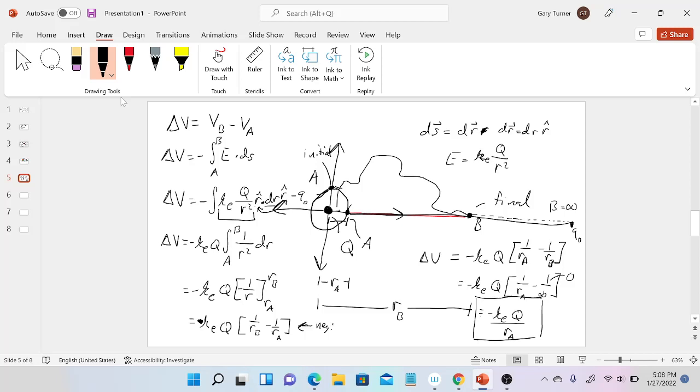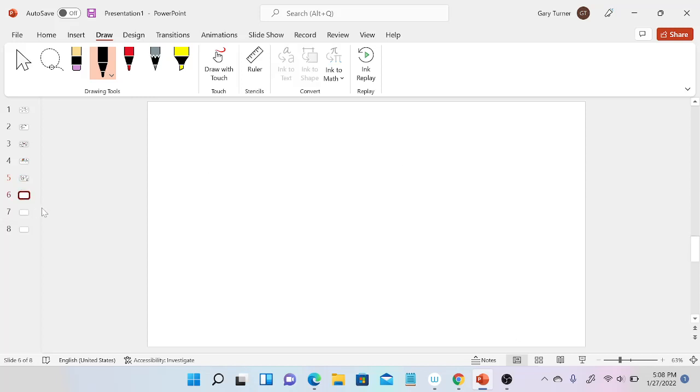Now, a couple of things. We're not going to do sophisticated examples, but we'll do this example.